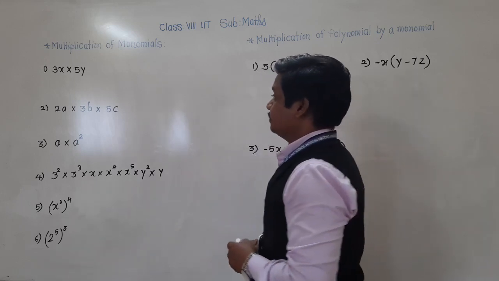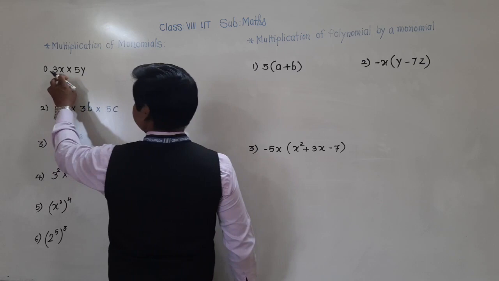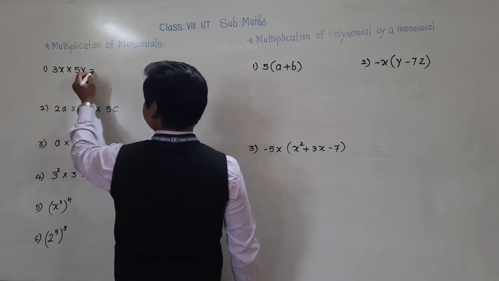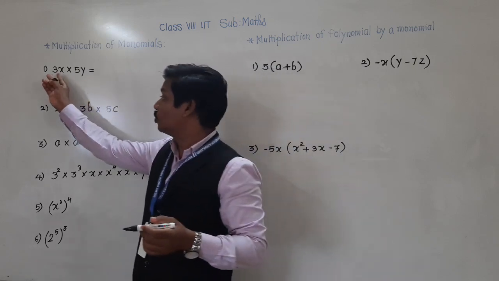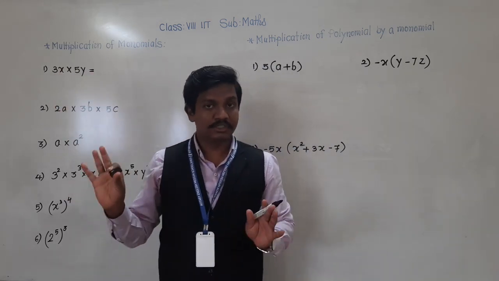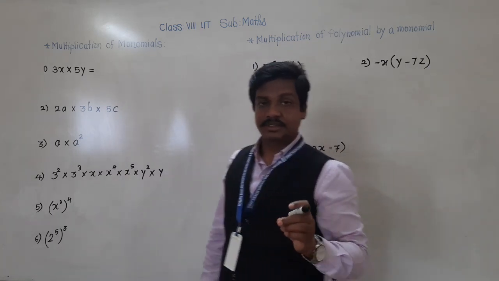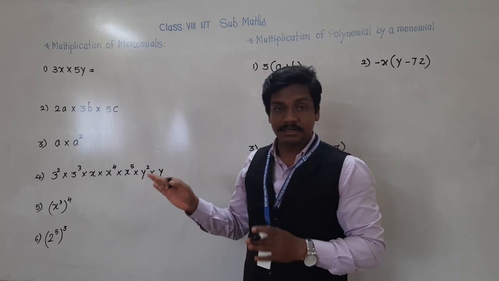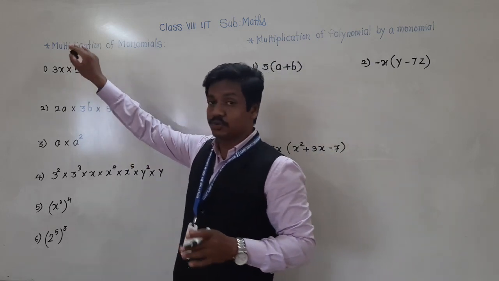Okay. Now see what to do. Here 3x multiplied by 5y. For example, I am taking here 3x multiplied by 5y. See, both the terms 3x and 5y are monomials. Understood? So how to multiply? Now I am showing multiplication in detail, but while solving you have to use a shortcut.